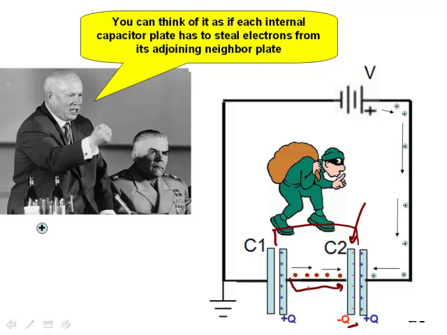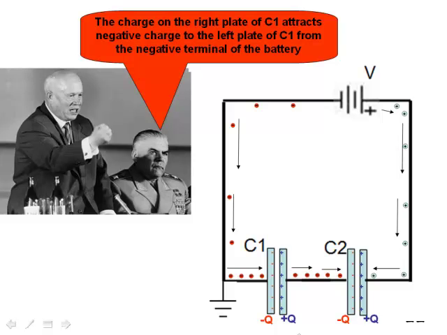And since it pulled negative Q away from this plate, that leaves this plate charged with positive Q. So those internal plates all have to have the same Q, and we already know from the way that capacitors work that the Q on the internal plates is equal to the Q on the outer plates, and here it is, the electrons are coming from the other side of the battery and occupying that charge.